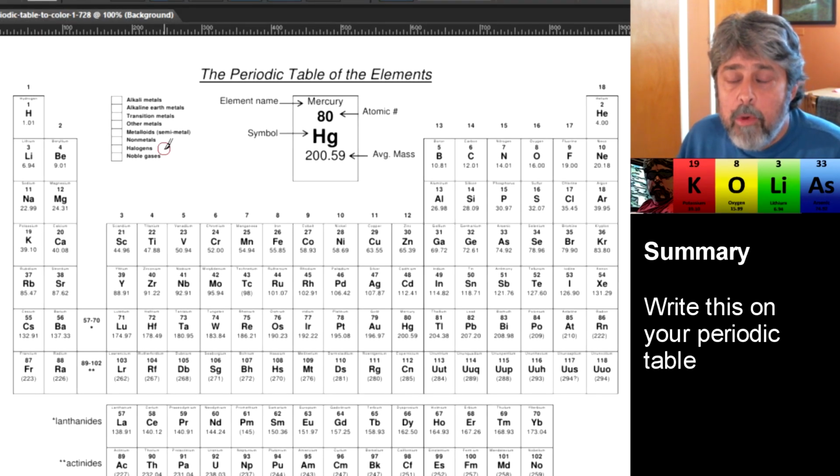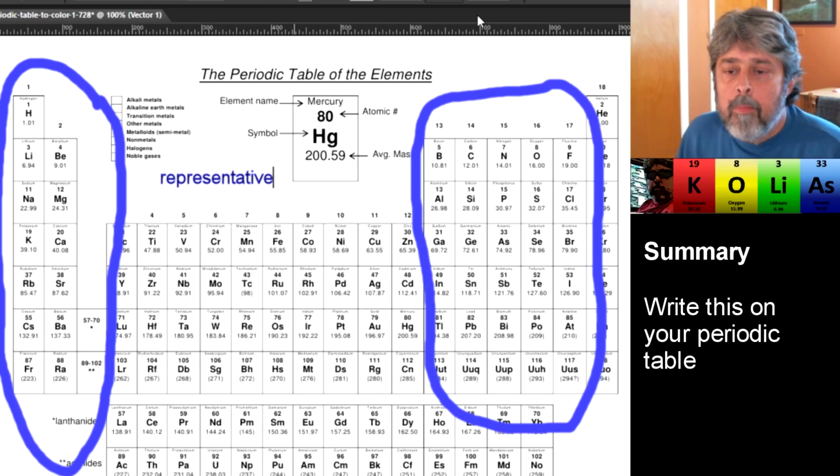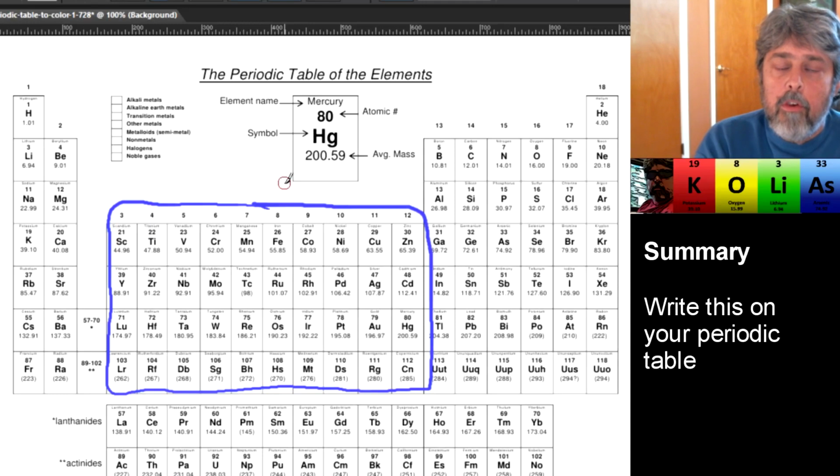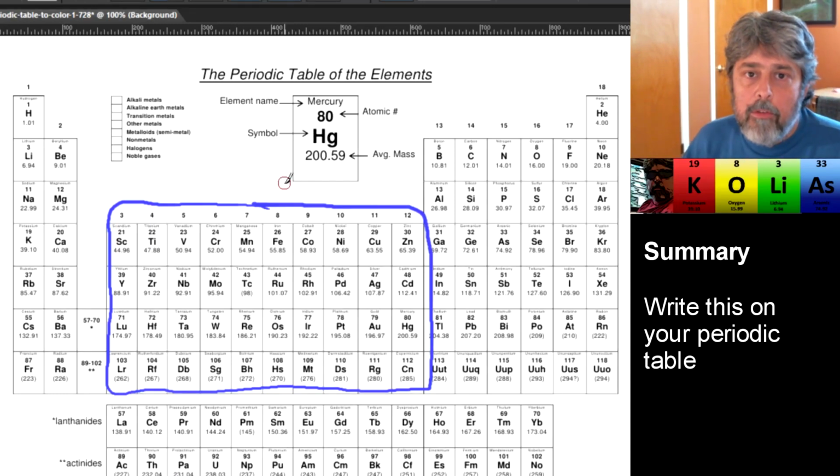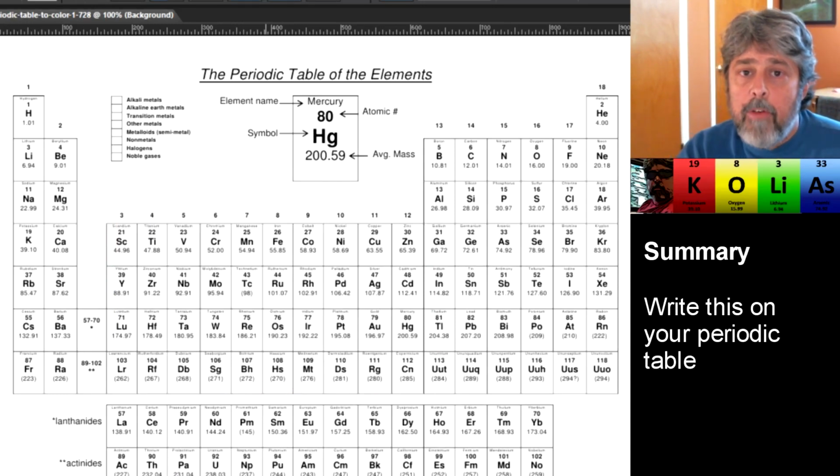Okay, so just to recap, let's take a look at this periodic table again. Groups 1, 2, 13, 14, 15, 16, 17 are called representative elements. These are called your transition metals. Okay, and finally, remember that the group number represents the valence electrons on the representative elements.